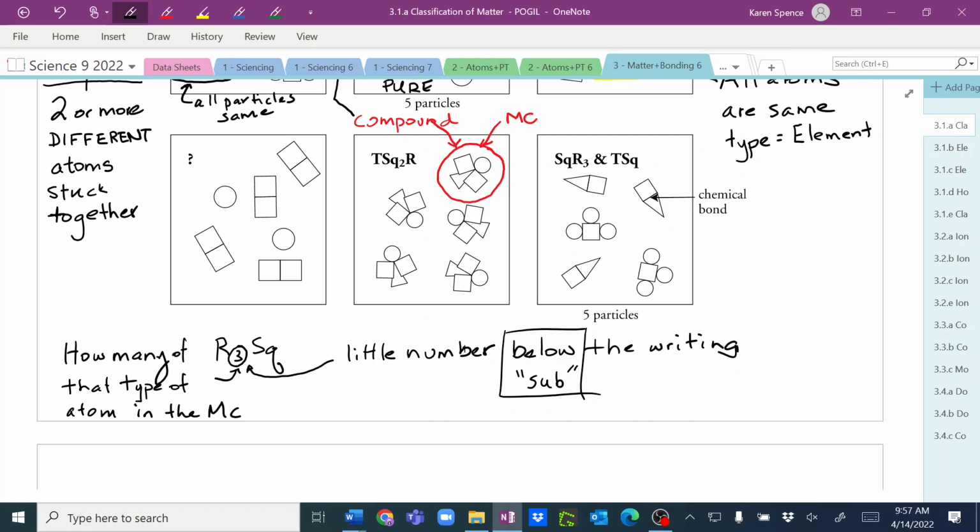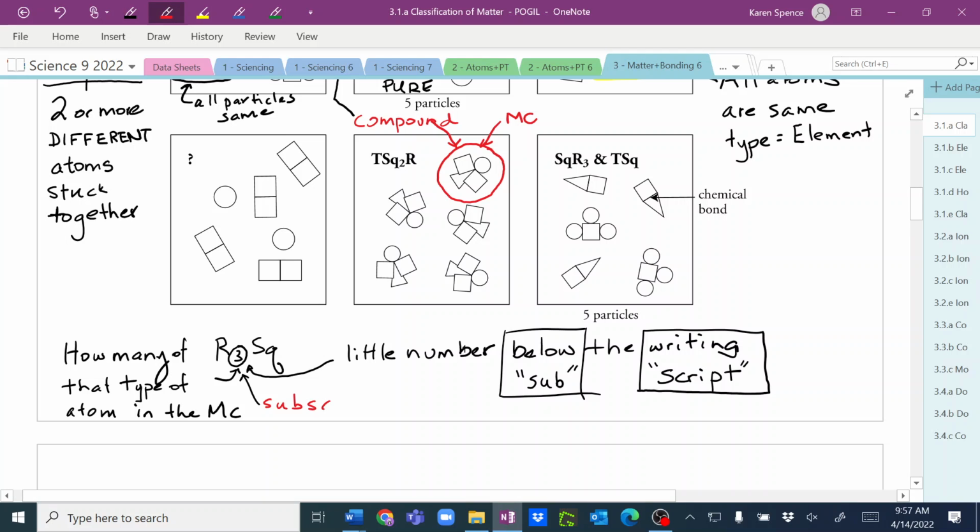Yes, a play has a script. Script simply means writing, okay? That's why a play's script is called the script. And that's why you have a prescription. It's something that the doctor writes for you, that script in the middle, okay? So we have a thing that is below the writing, and so that little number there is called the subscript.